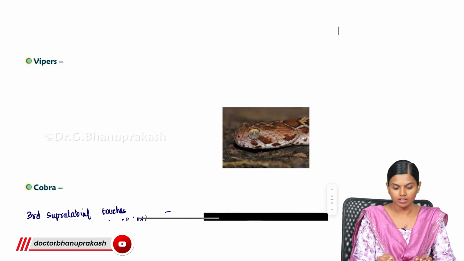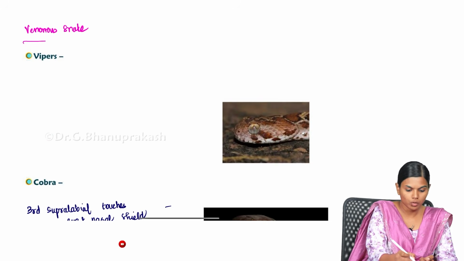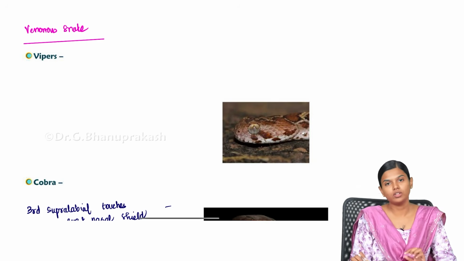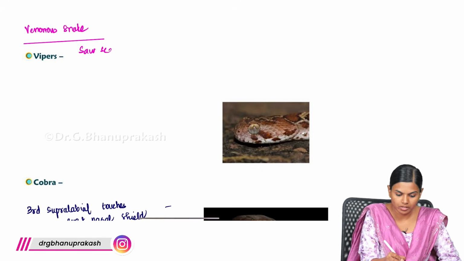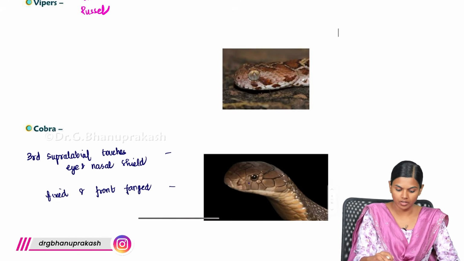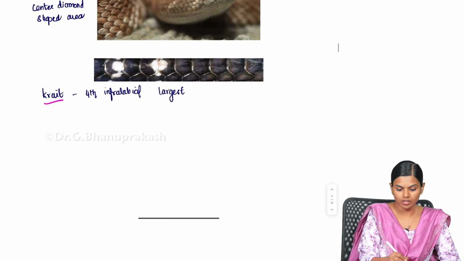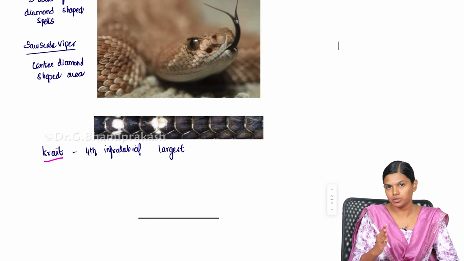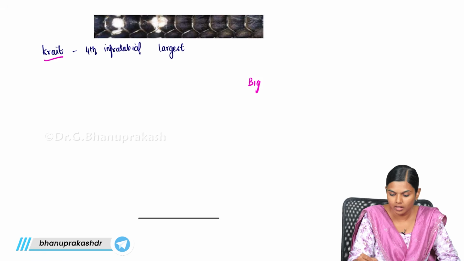And when we come to venomous snakes, you mainly get 4 types in our country. You have the vipers, saw scale viper and Russell's viper, then you have the cobra, then you have the krait. These are the 4 types of snake commonly seen in our country, and we call them the big 4 of India.